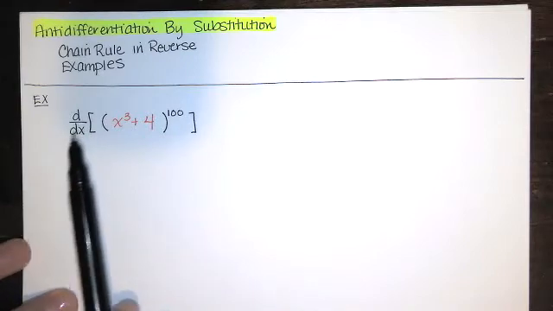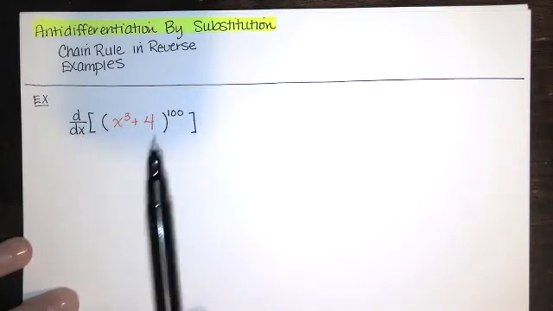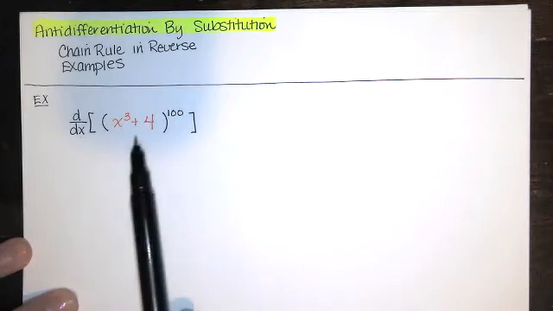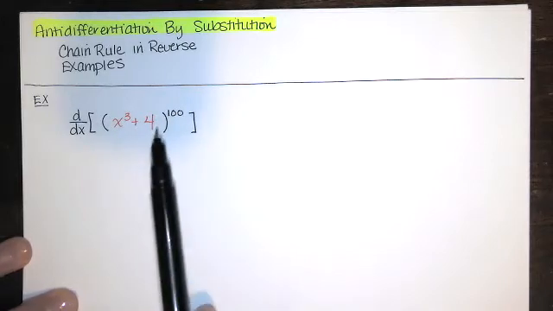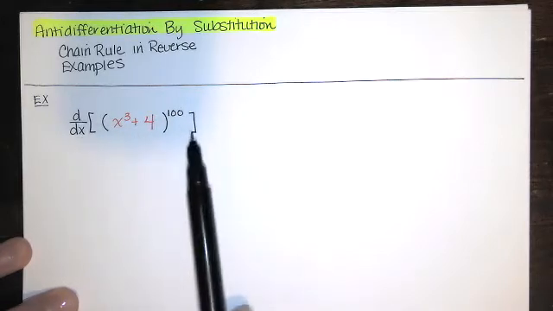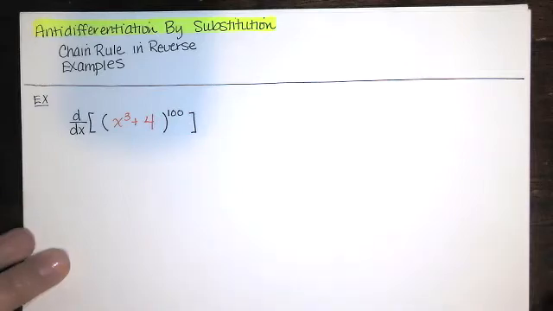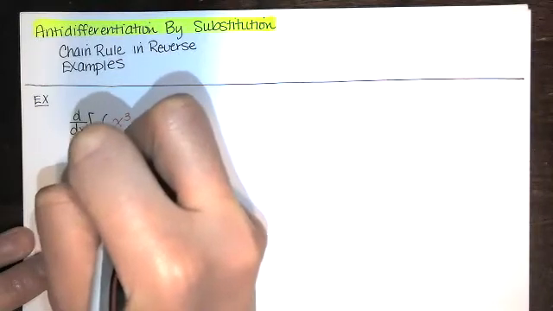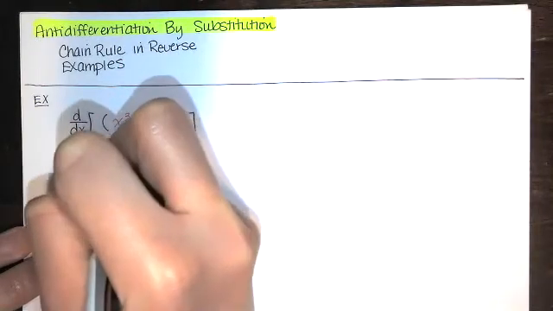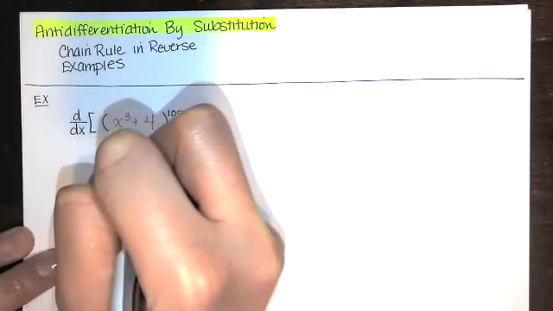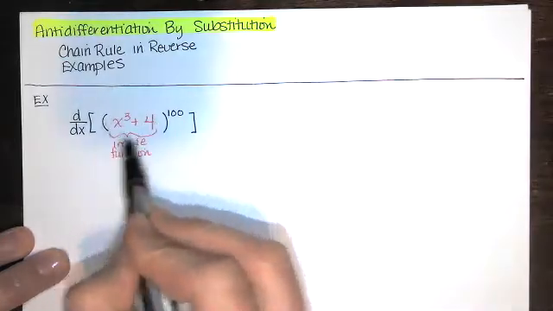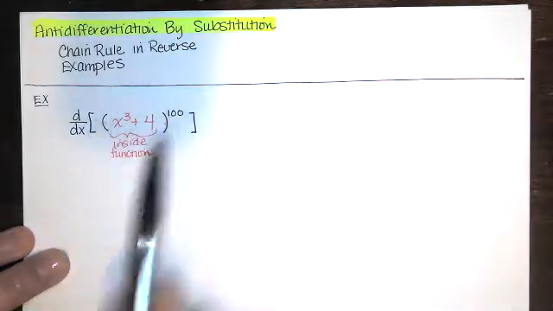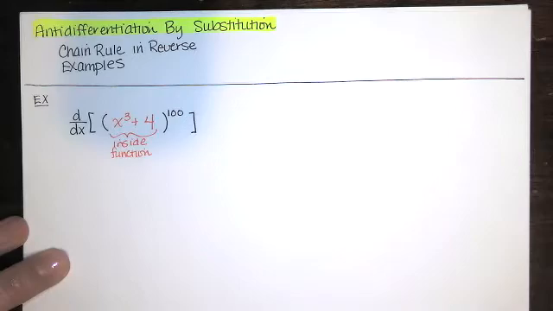So let's say we've got a function like this and we want to take the derivative of it. Well, because I've got a function nested inside another function, if I want to take the derivative, I have to use the chain rule. This is my inside function. And we know we have to use the chain rule because we've got these parentheses and I'm raising this function to the 100th power.